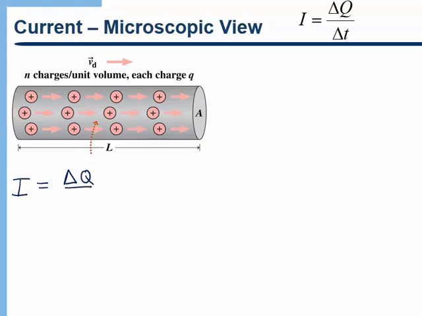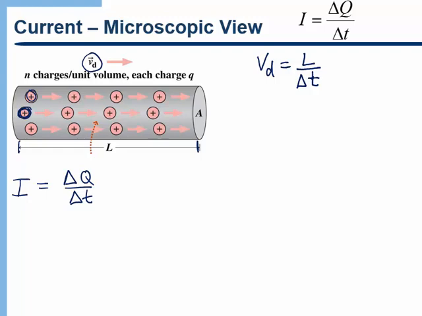To get us started with that, let's say that we look at a length of wire, L. Well, if our little charges are moving with a velocity, v subscript d, which we call the drift velocity, then it's true that the velocity is related to the distance those charges travel per time. So in other words, one of the charges that starts all the way over here travels a distance L in a certain amount of time.